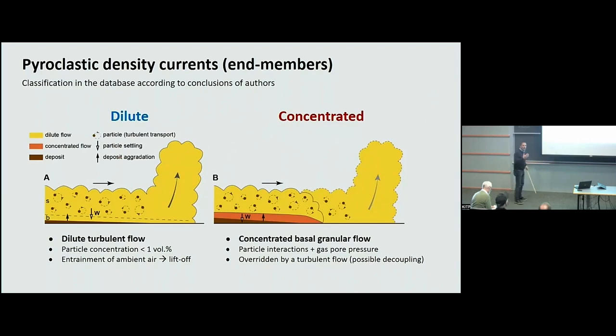So in both cases, the current loses mass through particle settling, which occurs at a typical velocity W, either from the turbulent suspension or from the concentrated current. And the consequence of particle settling is to form a deposit, of course, as just illustrated by the videos shown by Gert.